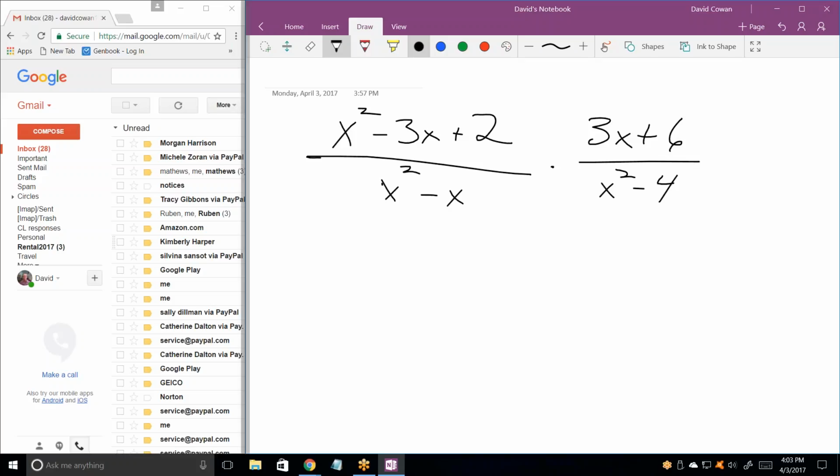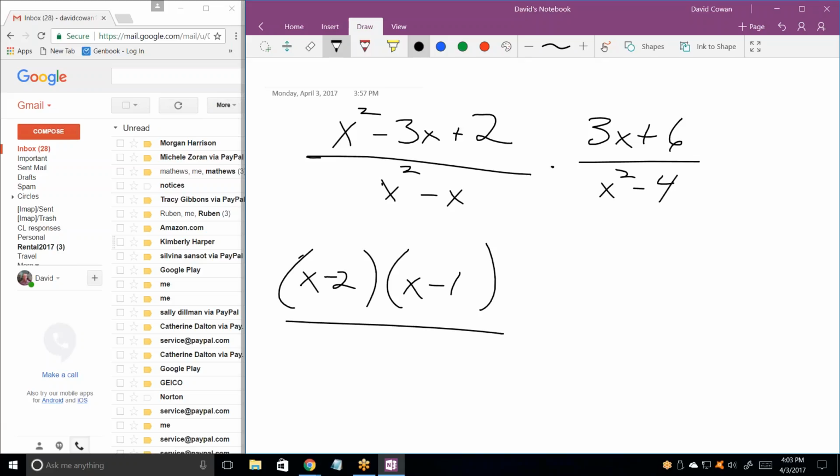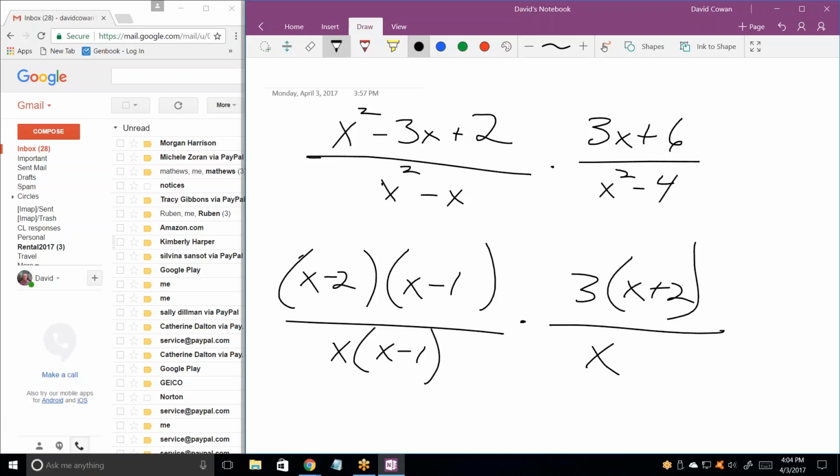So factor the top left. I got x minus 2 and x minus 1. Factor the bottom left. Just x and then x minus 1. Factor the top right. The top one is 3 and then x plus 2. And the bottom right. And x plus 2, x minus 2.